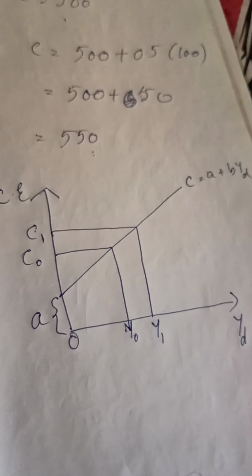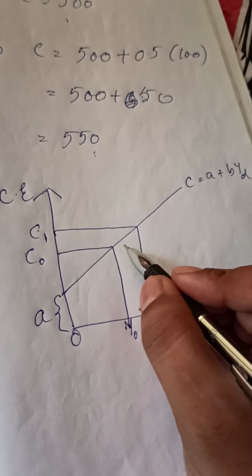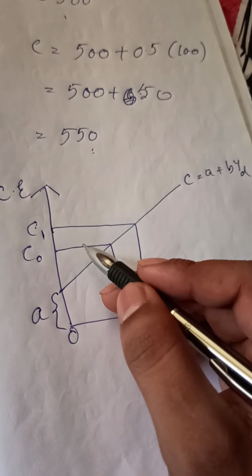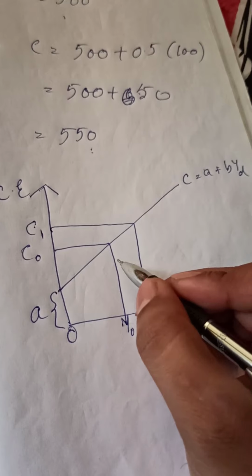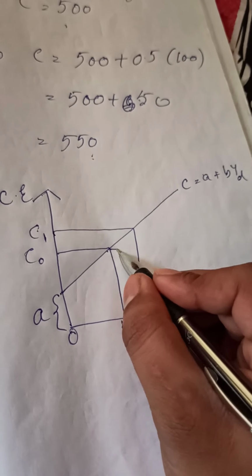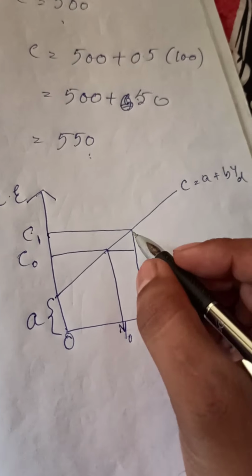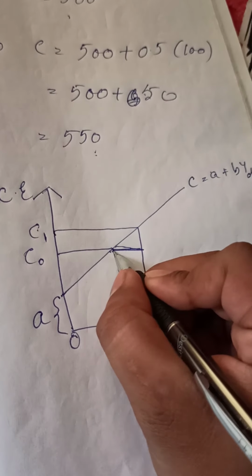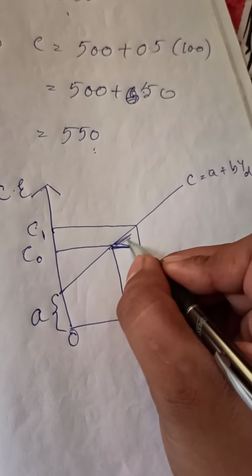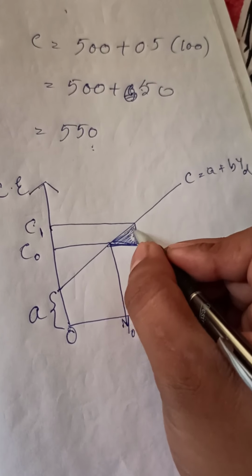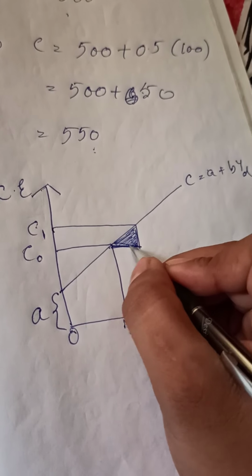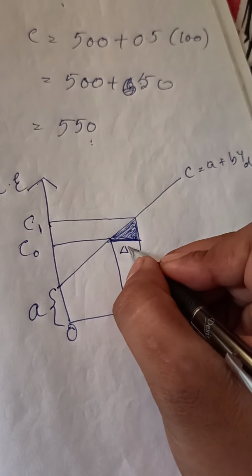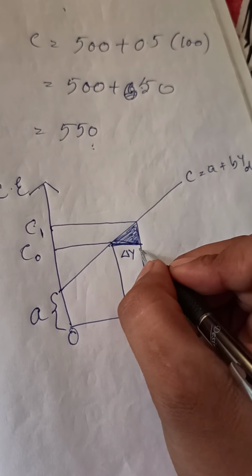Okay, and over here this change in income, and the change in consumption due to the change in income, is basically showing you the level of MPC. This triangle over here is showing you the level of MPC. So here this horizontal part shows you del Y, how much the income is changing.